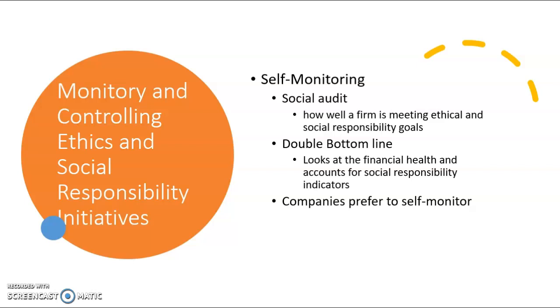And many companies actually prefer to self-monitor because it's easier for them to self-monitor and be ethical and to partake in social responsibility rather than to deal with activist groups, investors, unions, environmentalists, or government legislation. So self-monitoring is a huge aspect of this. All right, well, that's a brief overview of social responsibility and business ethics.